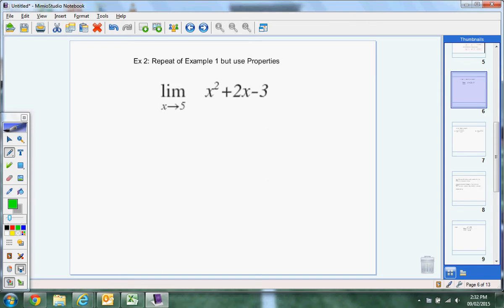So if I use the properties, I can write this like so. Limit as x approaches 5 of x squared plus limit as x approaches 5 of 2x minus limit as x approaches 5 of 3. So I just broke it up by the properties.